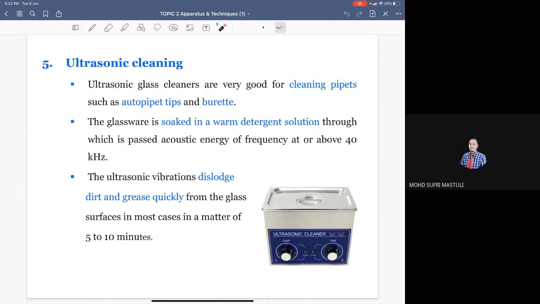The ultrasonic vibration will dislodge the dirt and grease quickly from the glass surface in a very short time, less than 5 to 10 minutes. So this is an example of ultrasonic cleaning equipment.